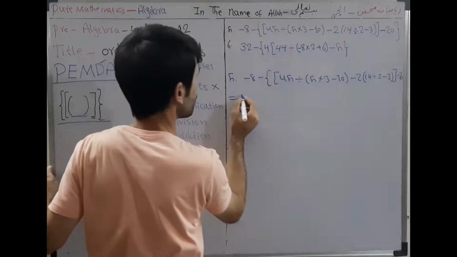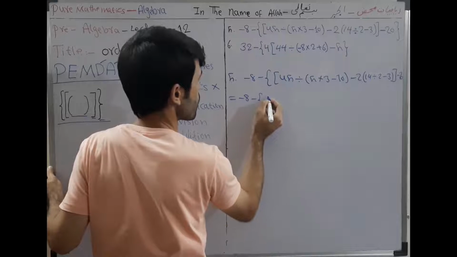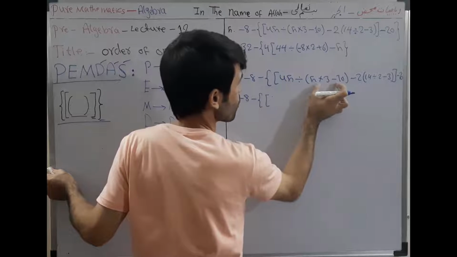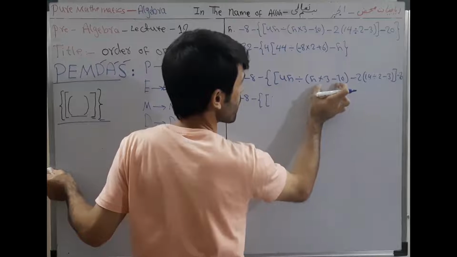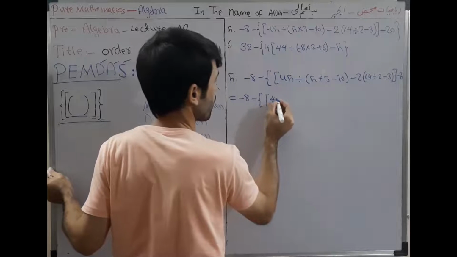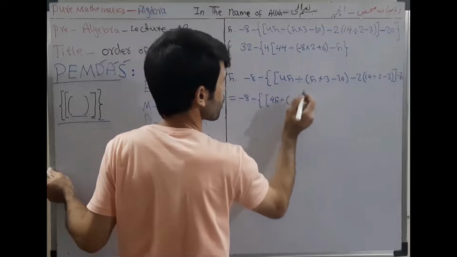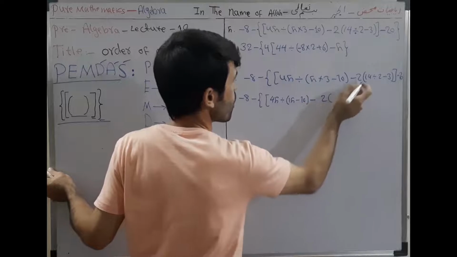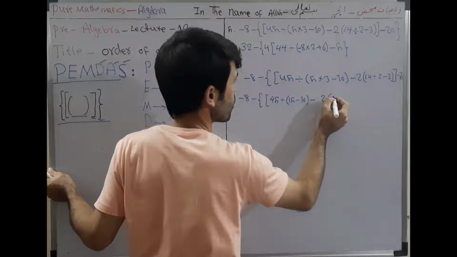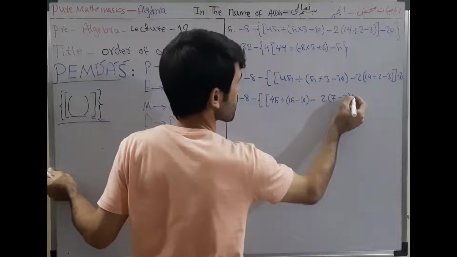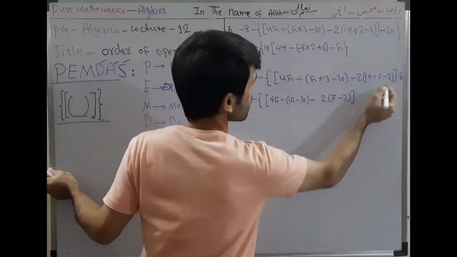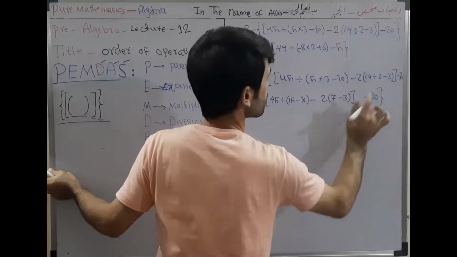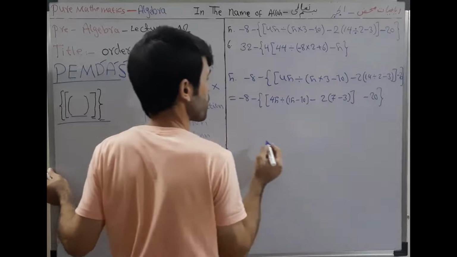We have to simplify inside of this bracket first. 45 divided by 5 multiplied by 3 is 15, minus 10, minus 2 times 14 divided by 2 which is 7, minus 3, close bracket, and also minus 20.